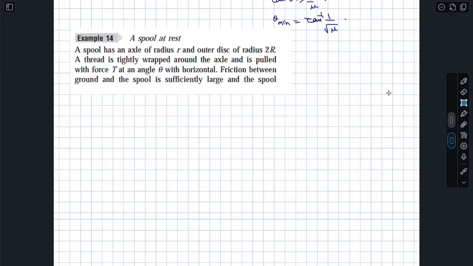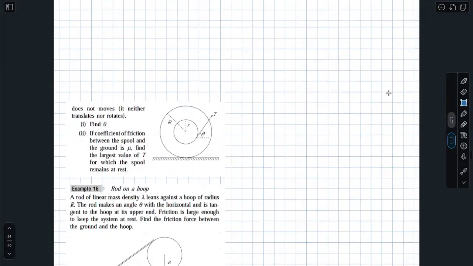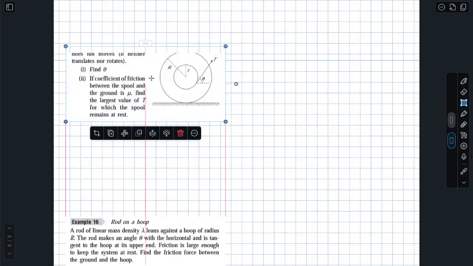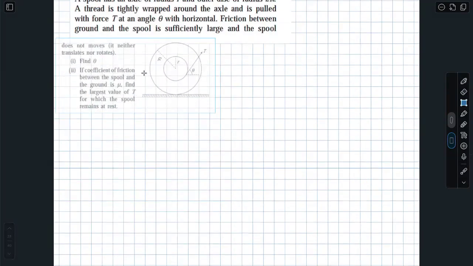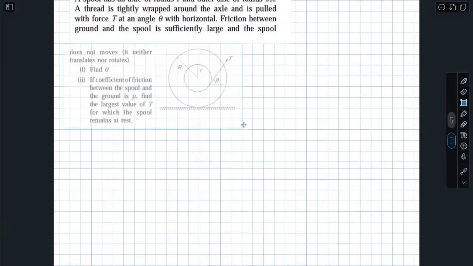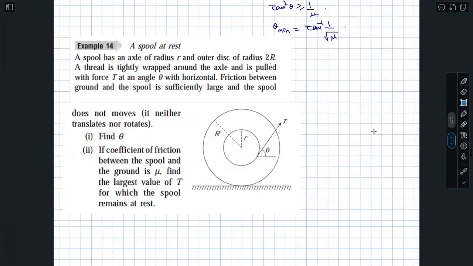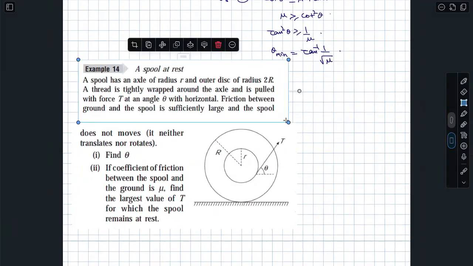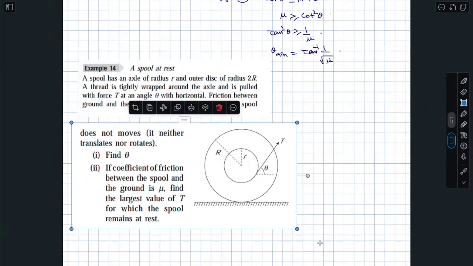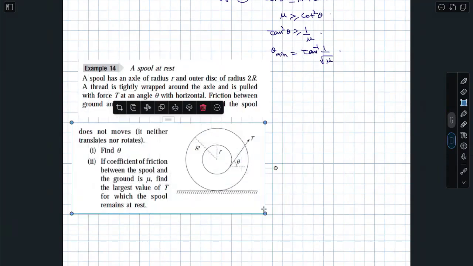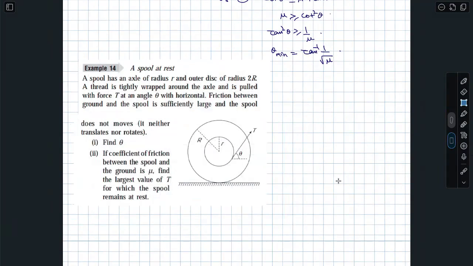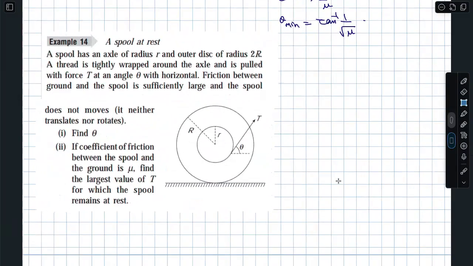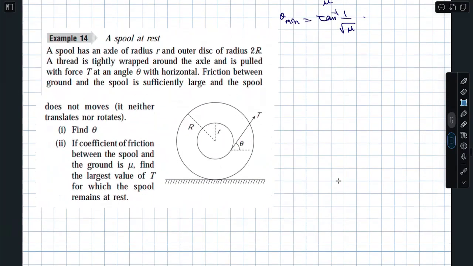Right. Example 14. Spool at rest. Oh, Dean diagram అనేది. Right. That's the question. Actually, this is a simple question.